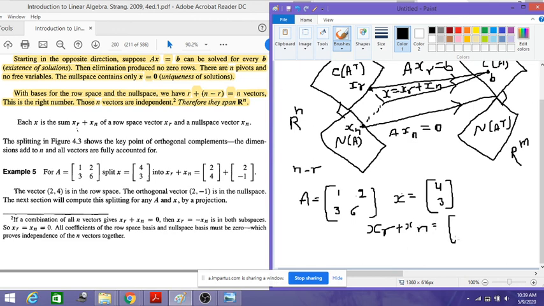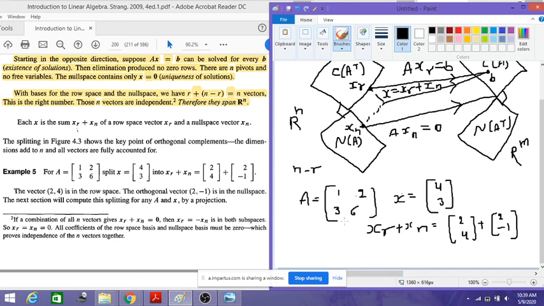I can write this as 2 and 4 plus 2 and minus 1. So here the vector (2, 4) is in the row space, and the orthogonal vector (2, -1) is in the null space.